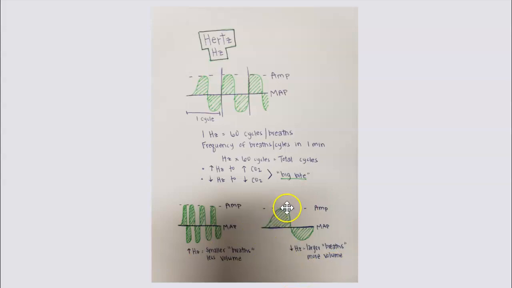See how it makes for a wider and larger, say this is the same amplitude. They're matching, same mean airway pressure, matching. But these are tiny breaths. So we're doing less CO2 each individual breath. Whereas if we drop the hertz, they happen less frequently, and we blow off more CO2 because there's more CO2 in this breath than in these individual breaths.